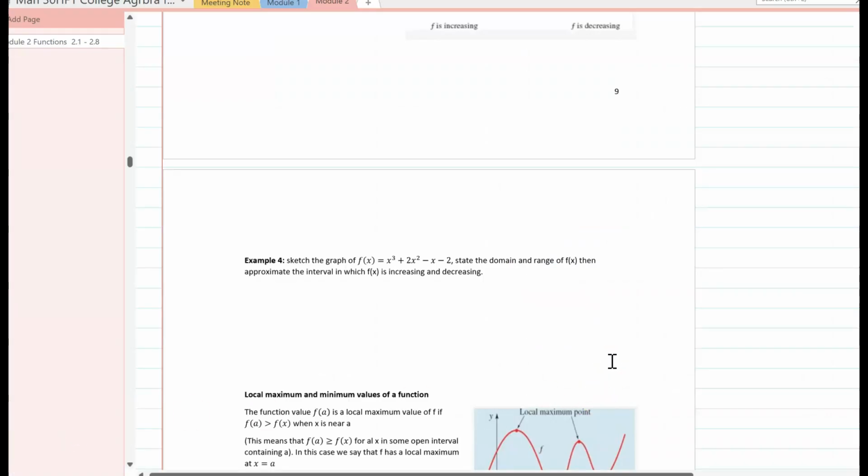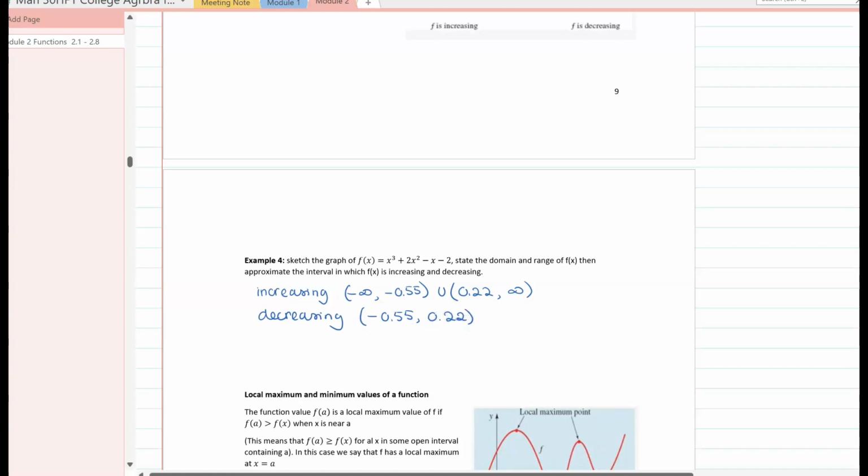So it's increasing from the interval of negative infinity to negative 0.55, union with 0.22 to positive infinity, and decreasing in the interval of negative 0.55 to 0.22.